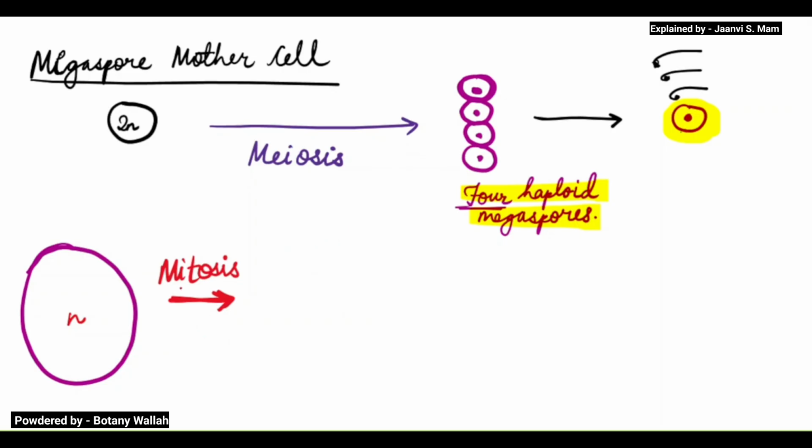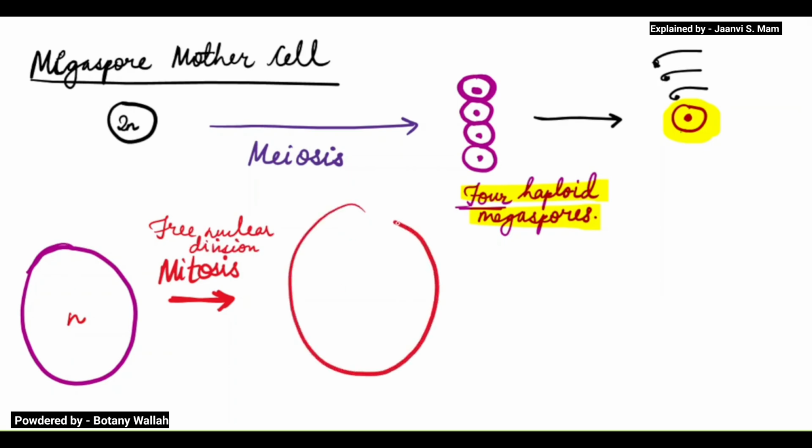But here there is a free nuclear division, which means that in one cell only, the nucleus will divide. So this is one cell, one megaspore, and here you will get two nuclei, since mitosis has occurred for the first time.